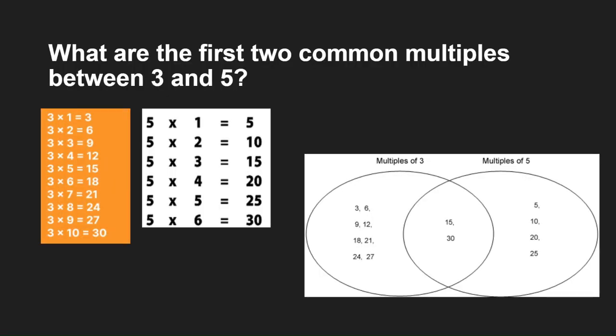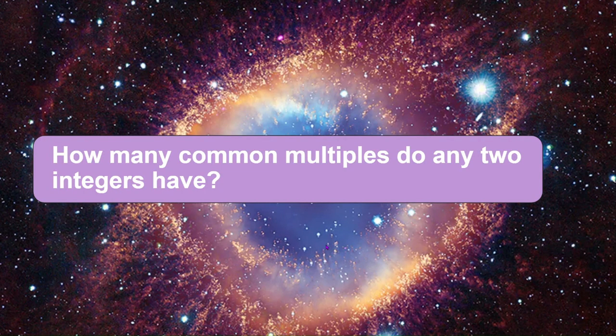If we go back for a second, we've multiplied 3 by 10 integers and 5 by 6 integers, but you could continue on forever. Just like there is an infinite amount of integers, any two integers that you're comparing will have an infinite amount of common multiples because they will just continue to get bigger and bigger, right?